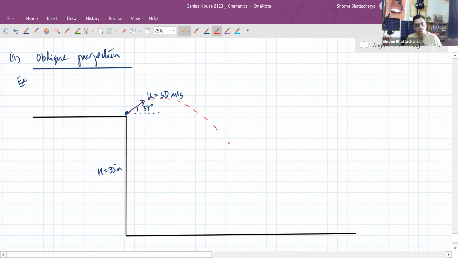So when it hits the ground, again, we want to find the impact speed, the time, this horizontal distance, and this impact angle.